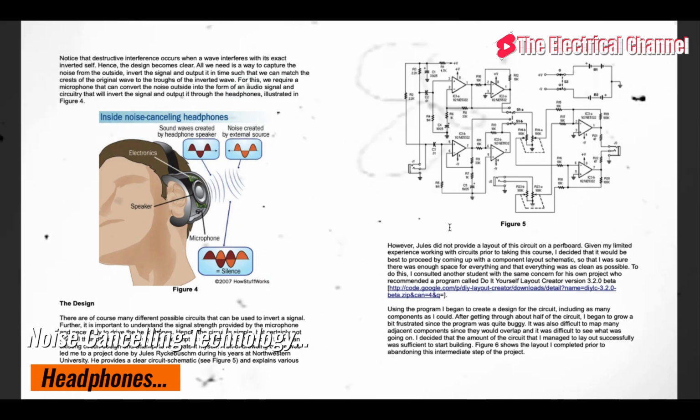For this, we require a microphone that can convert the noise outside into the form of an audio signal and circuitry that will convert the signal and output it through the headphones, illustrated in figure 4.